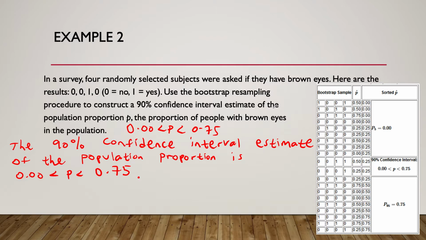But something like this, though, is probably not really too helpful. Why is that? Well, there's only 4 in our original sample.